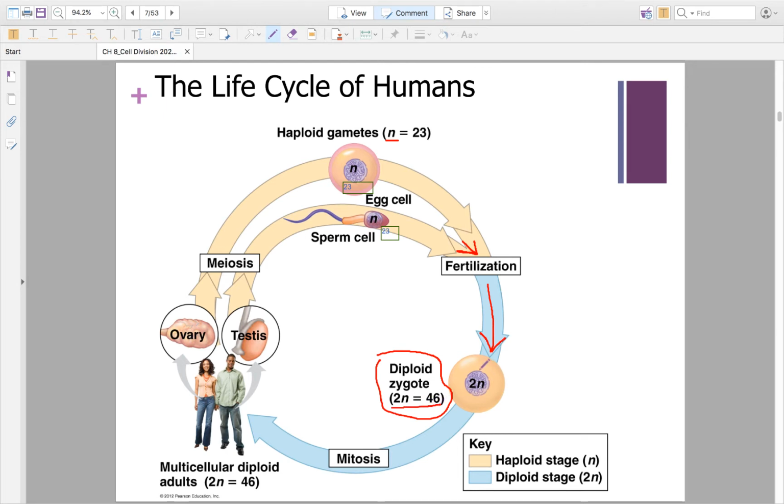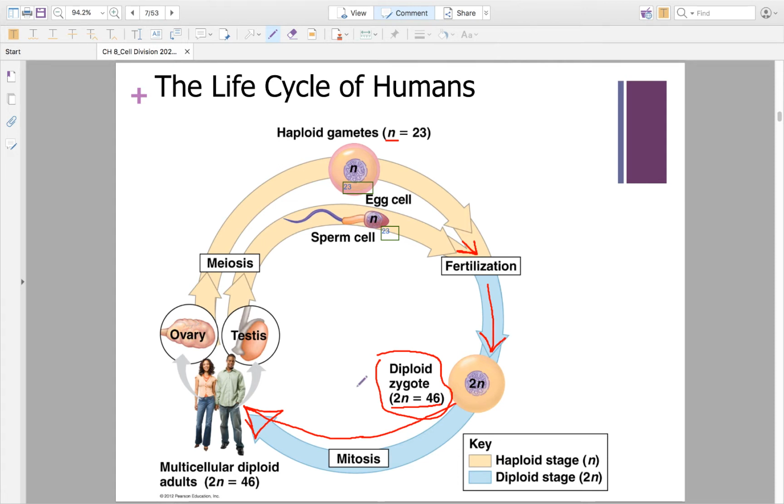How do you go from being this tiny single-celled zygote to a full human adult made of trillions of cells? Through mitosis. We get from here to here in the majority of the part through mitosis. Of course, there are other factors involved in growth and development, but mitosis is key.